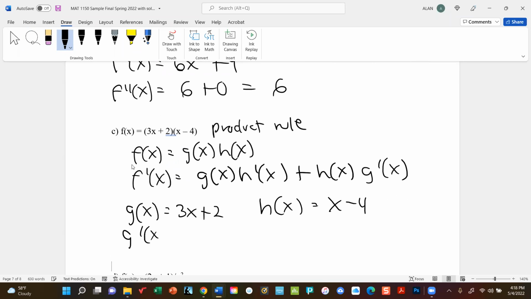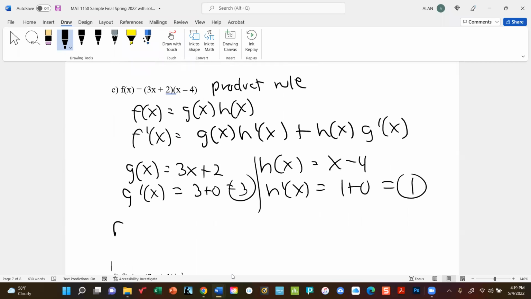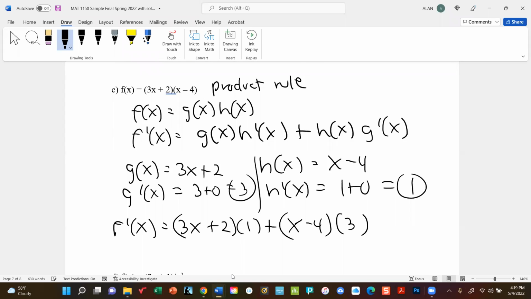G prime of x is just 3 plus 0, which is just 3. H prime of x is just 1 plus 0, which is just 1. So you can plug these in. Remember, we need g of x, h prime of x, h of x, and g prime of x, which is 3. And you can just leave it like that.